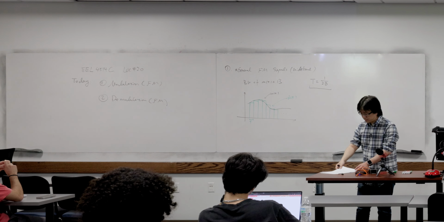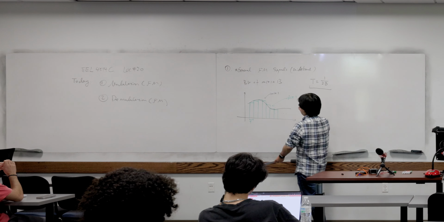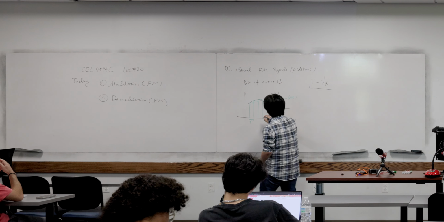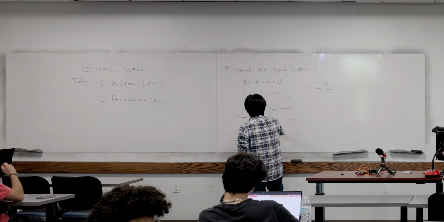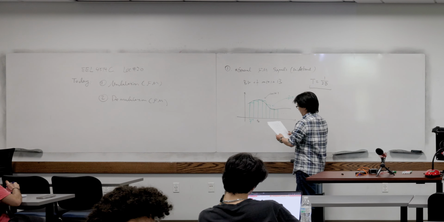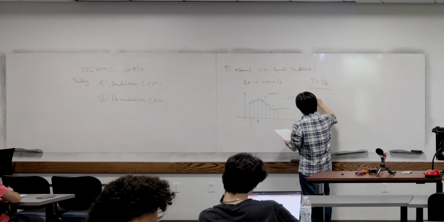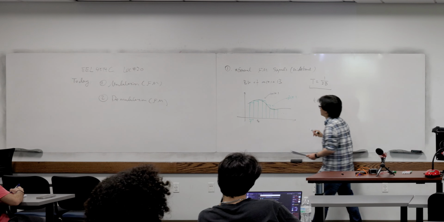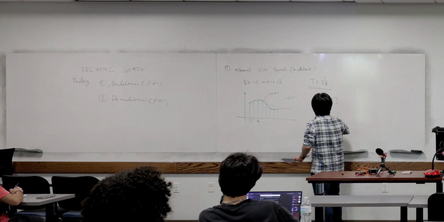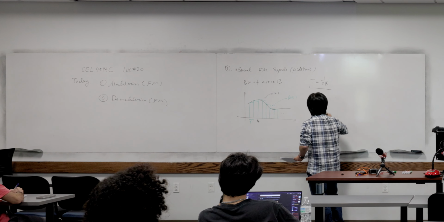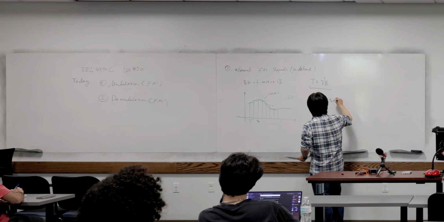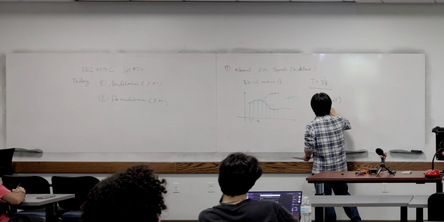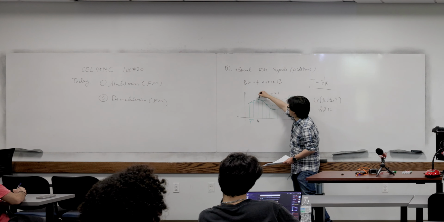Let's write it down carefully, what we mean by this. Let's assume here is t_k. We assume that when t is in the range t_k to t_k plus T, m hat of t equals the left value.